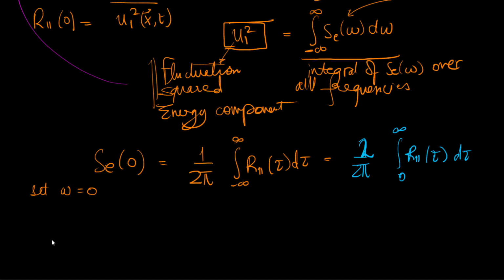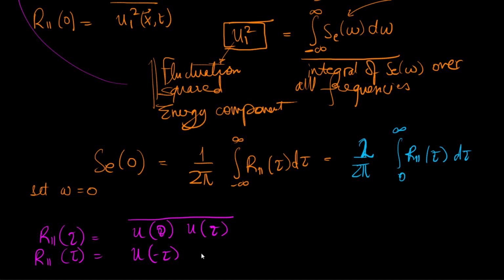So R11 of tau is basically u of 0 times u of tau, not integral, this is simply going to be the ensemble mean. R11 of tau is also equal to u of minus tau times u of 0.